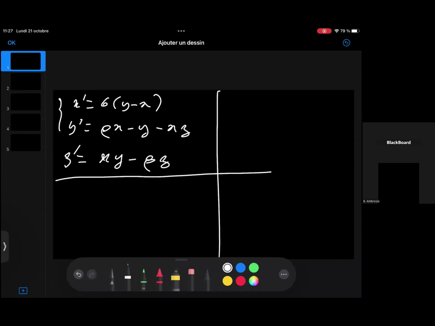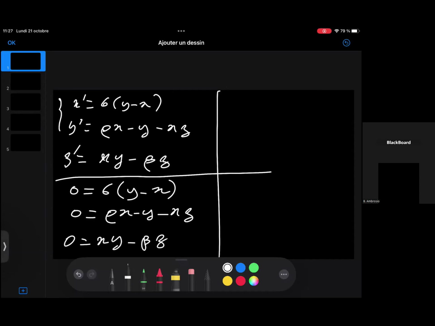So now the first thing to do is to look for a stationary solution. So we get 0 equals sigma (y minus x), 0 equals rho x minus y minus xz, and 0 equals xy minus beta z.